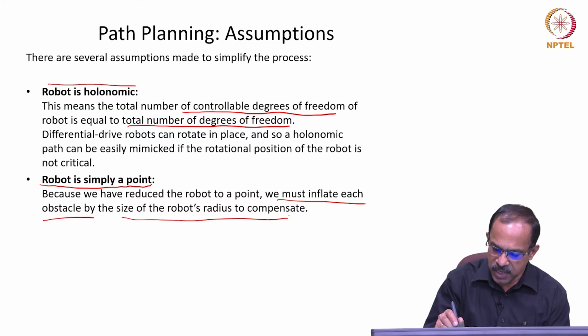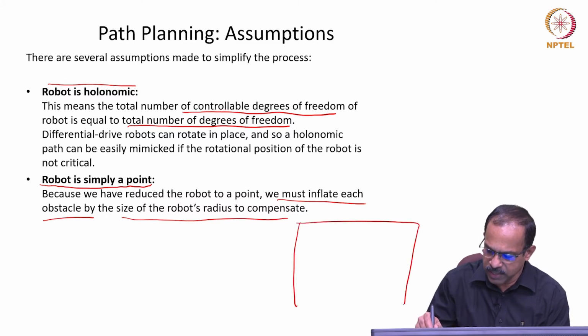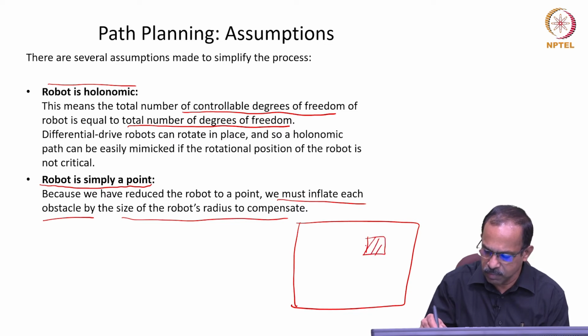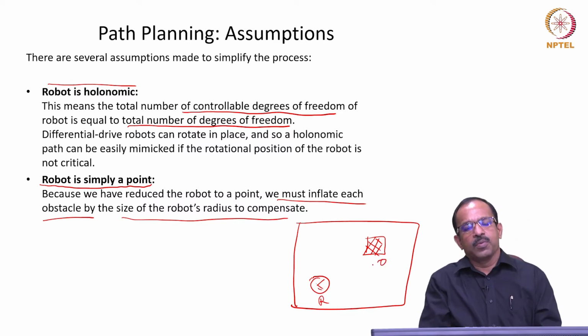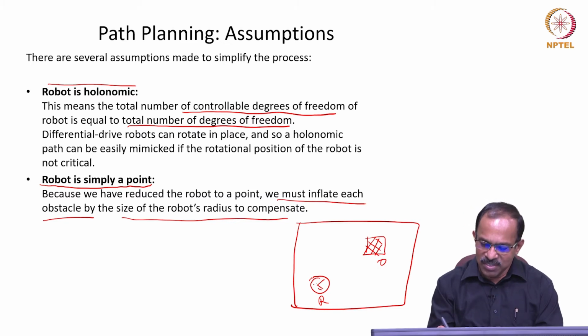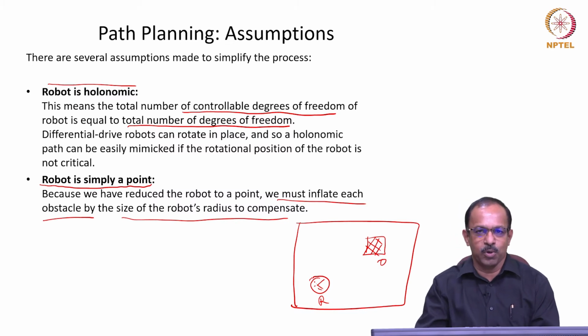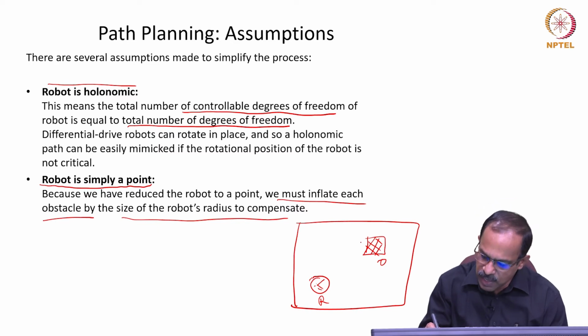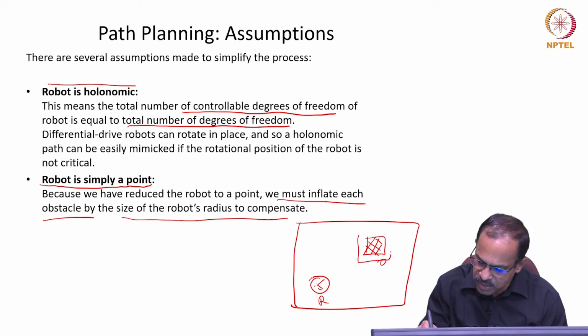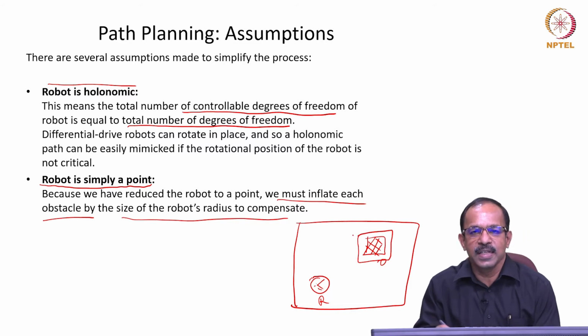So, what does it mean? Suppose you have a scenario like this, with an obstacle here and a robot of this diameter. This is the robot, and this is the obstacle. Now, we assume that the robot size is 0. It is a point, so there is no actual radius for the robot. To take care of that simplification, we assume that the obstacle size is bigger than the actual obstacle size.